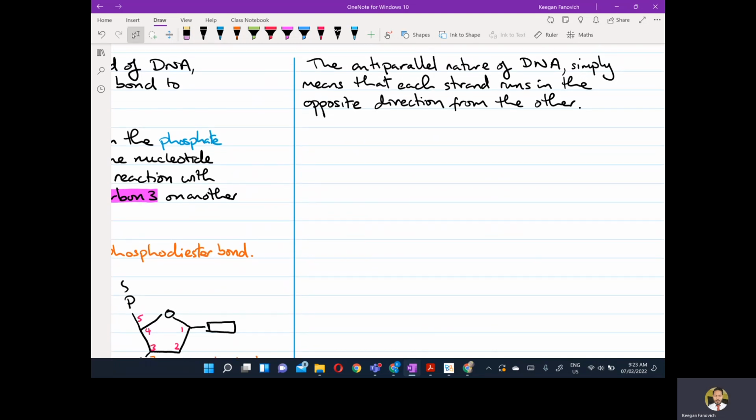So if you were to draw one strand like this, and I hate to draw this part of it because it's very confusing for me. But okay.